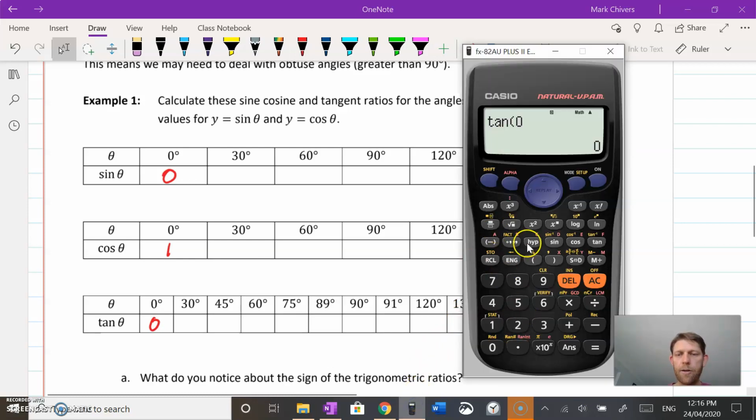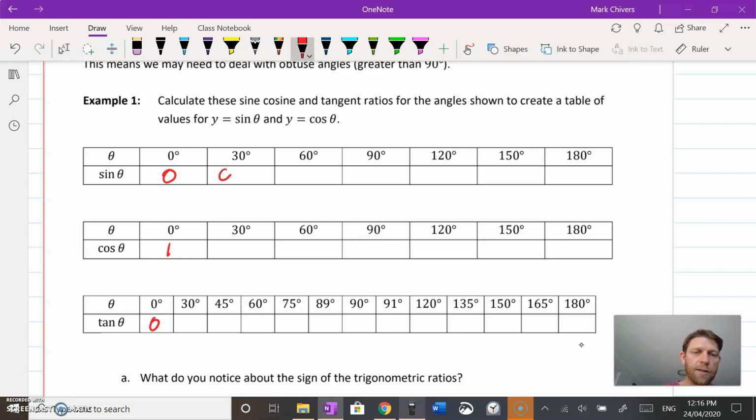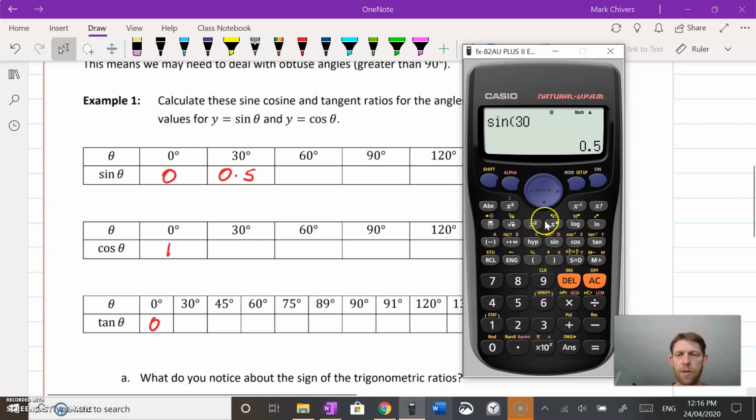So for instance, I might go to sine of 30 degrees and put that in, and that's going to be 0.5. Now, some of them will be quite long decimals, so I'll move along and I'll do maybe sine of 60 degrees, just to show you that they're not all going to be nice round numbers. That's quite a mess. So let's just go to 3 decimal places, so 0.866.